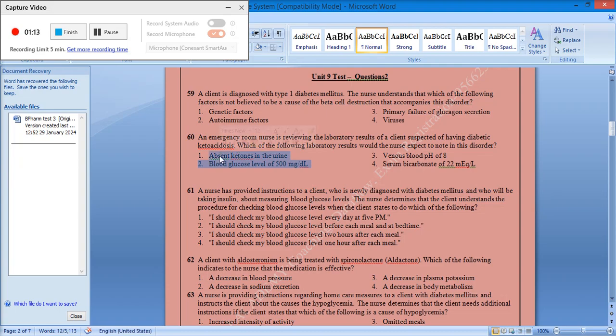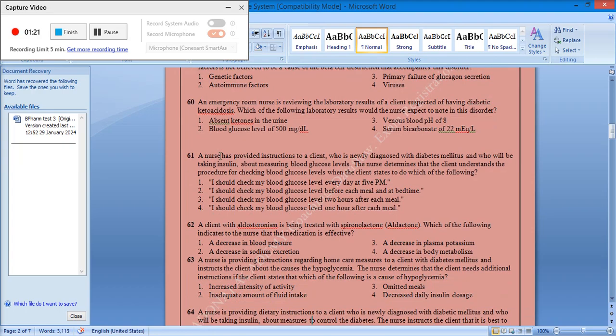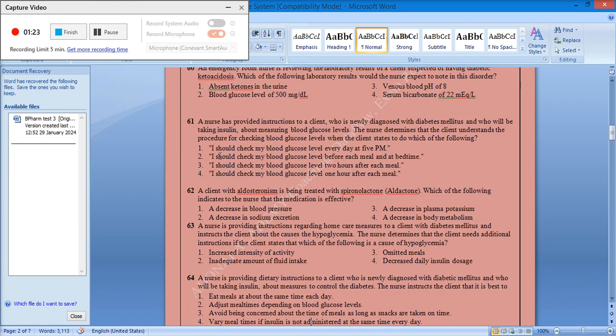61. A nurse has provided instruction to a client who is newly diagnosed with diabetes mellitus and who will be taking insulin about measuring blood glucose levels. The nurse determines that the client understands the procedure of checking blood glucose level when the client states to do which of the following? 1. I should check my blood glucose level every day at 5 p.m. 2.